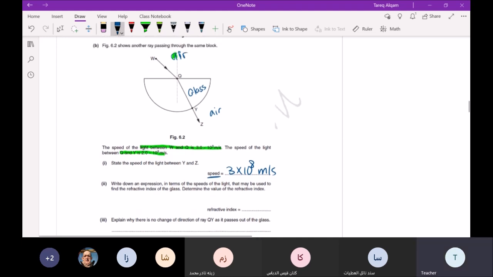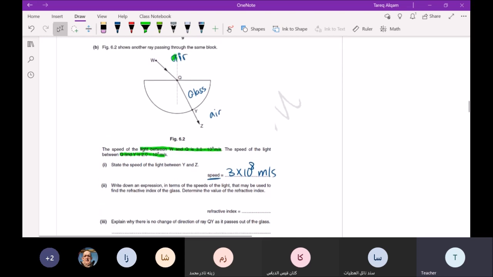Now write down an expression in terms of speeds of light that may be used to determine the value of the refractive index of the glass. Here the refractive index, as we agreed, is n, right? n equals speed of light in air, over speed of light in glass.